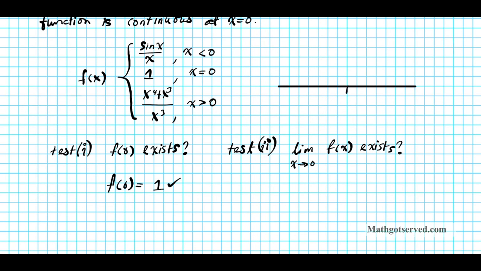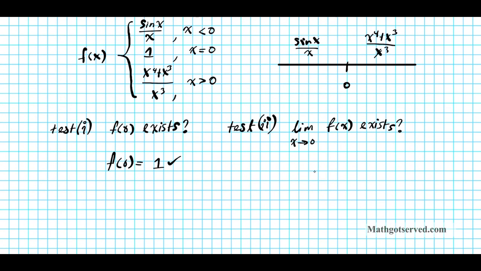The specified value that we're going to be approaching is 0. To the left of 0, less than 0, this is the function that's active. To the right of 0, this is the function that's active. All right, so we have to evaluate the left and right hand limits. So let's start with the left hand.